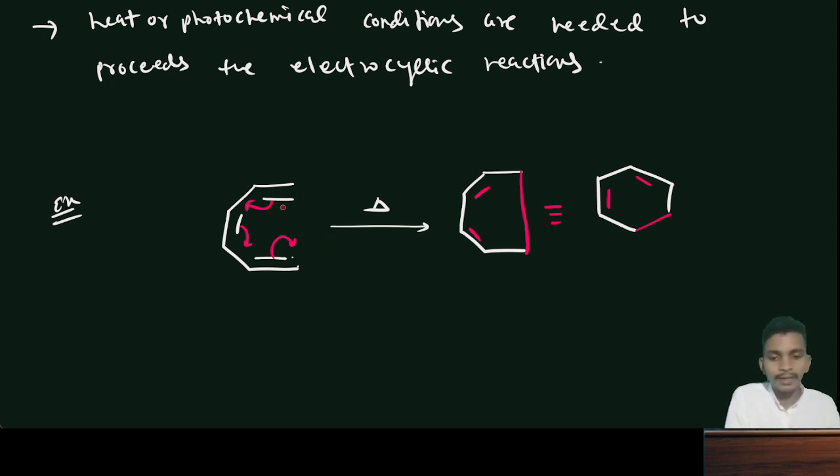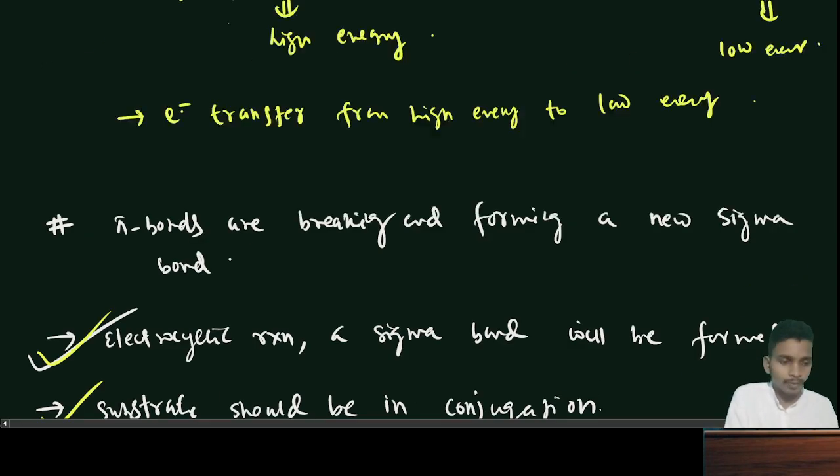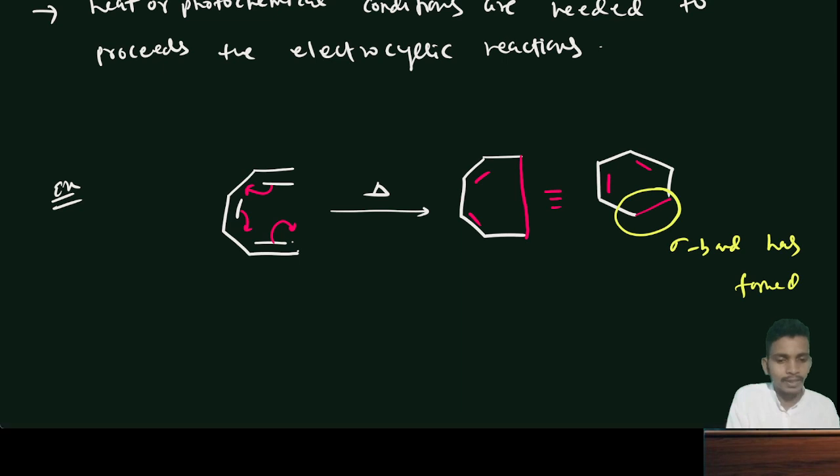So what you see is that here the pi bonds will form a new sigma bond. This sigma bond has formed. So how has this formed? From here, in the previous class, on MO representations of organic reactions, I discussed that the frontier orbitals will participate in the reactions. So how will you represent the MO diagram for this substrate?